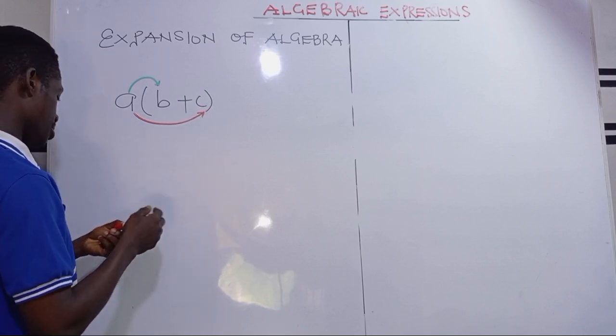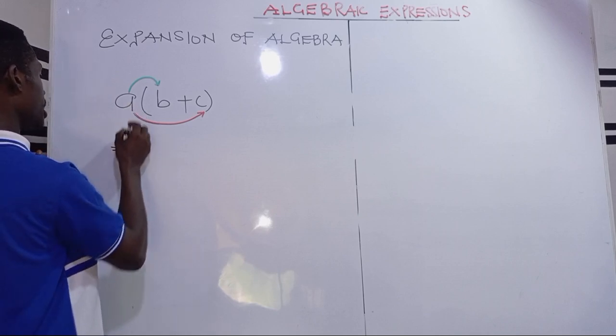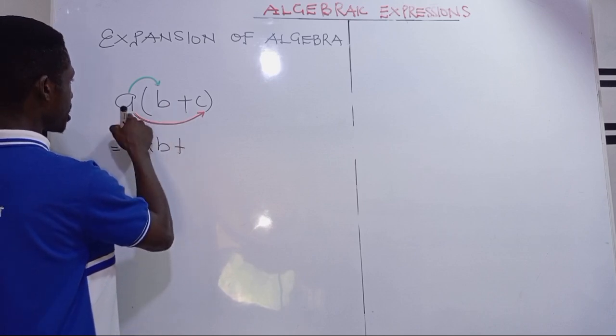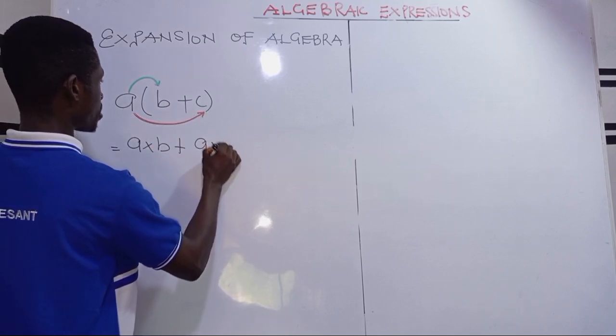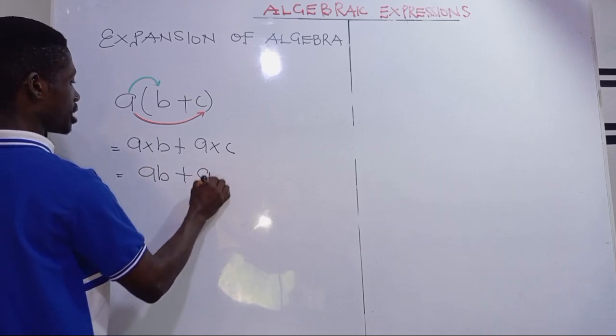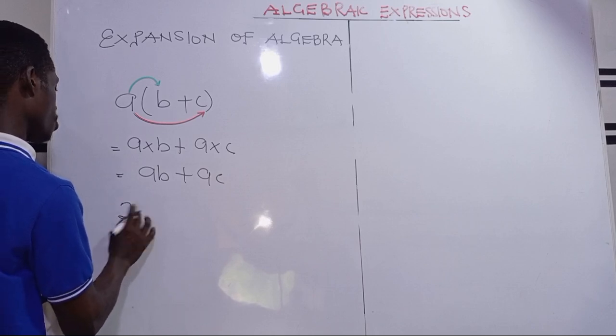So we are going to get A times B plus A times what? C. And this gives us AB plus what? AC.